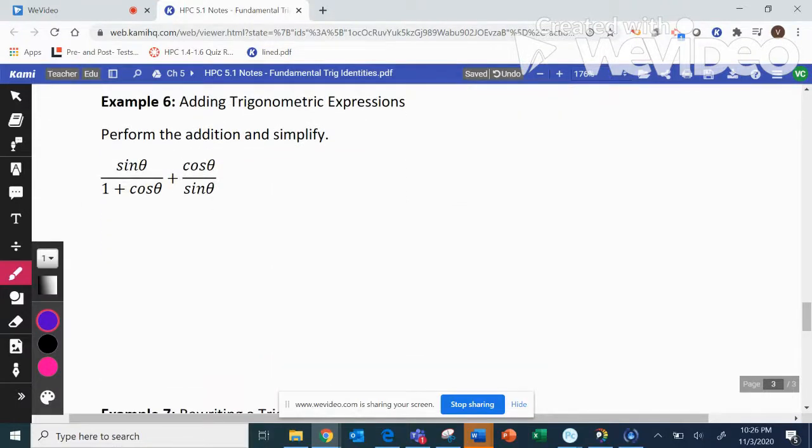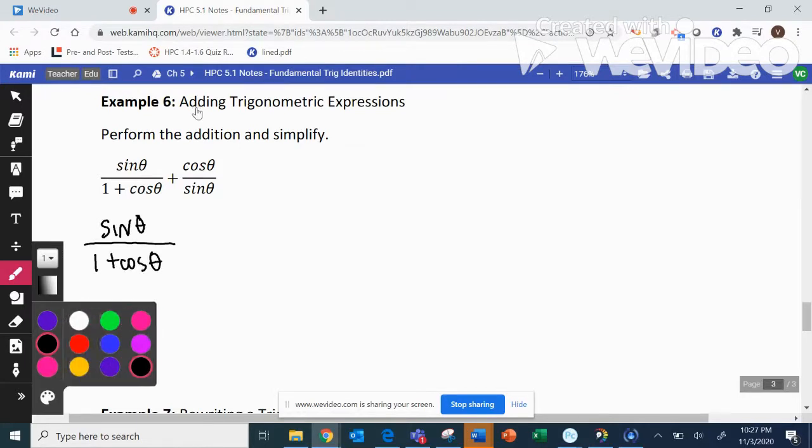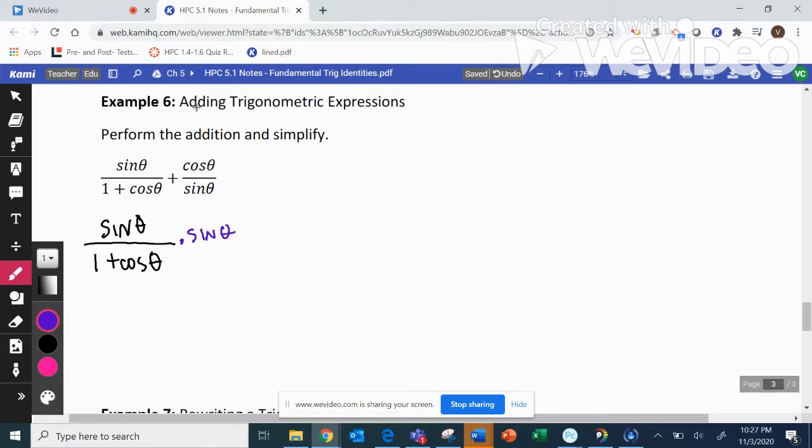Example 6 is adding trigonometric expressions. So perform the addition and simplify. So we look right here and we notice that these are not common denominators. So we want to find a common denominator. I'm going to take sine theta over 1 plus cosine theta, and I'm going to multiply that by sine theta over sine theta.